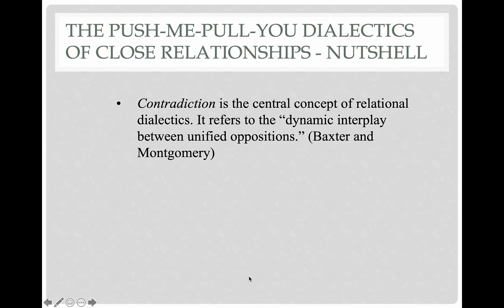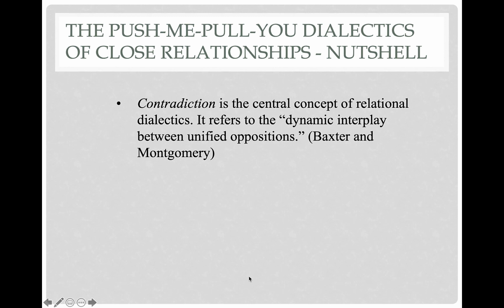And so for each of the tensions that the authors describe in the book, you hold both of those inside of you. In any relationship, for instance, you have a desire to be connected to that person, but you also have a desire for independence.